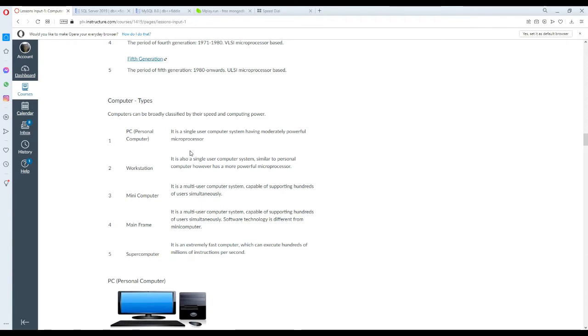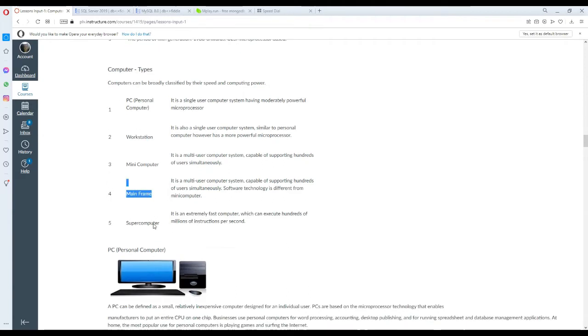Take note, guys, during this particular time, there are actually some setups of computer that can be considered as a mainframe or a supercomputer already. In fact, there are even laptops that can be considered as a mini computer or a workstation or even a mainframe. It all depends on the configuration.